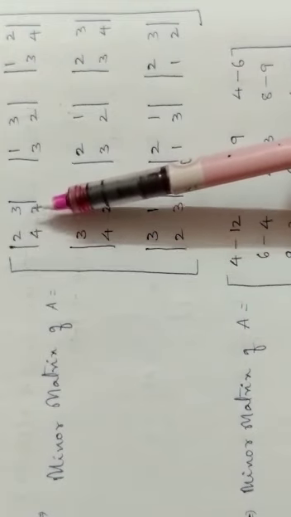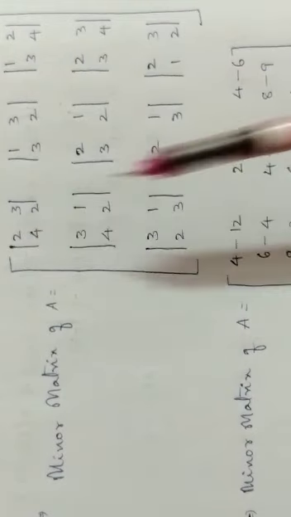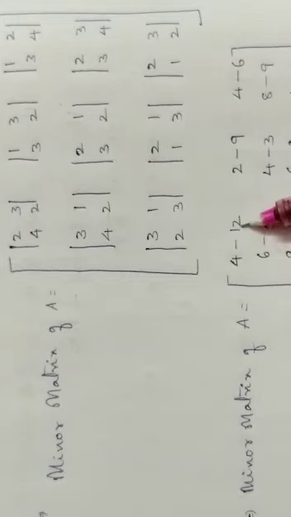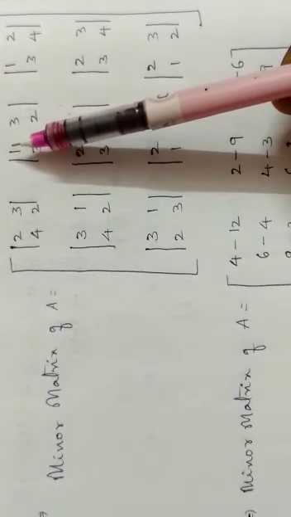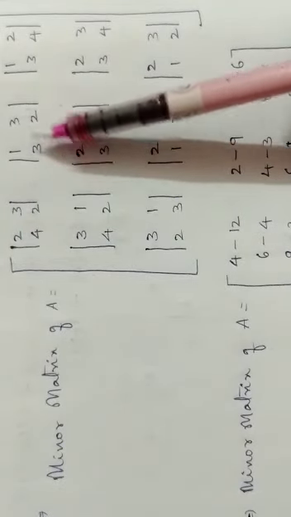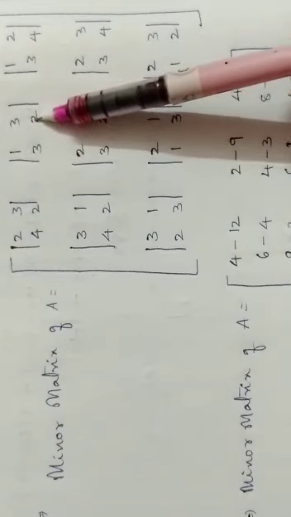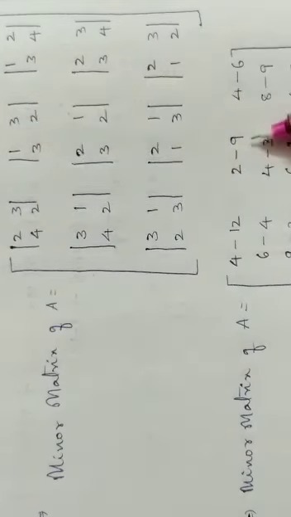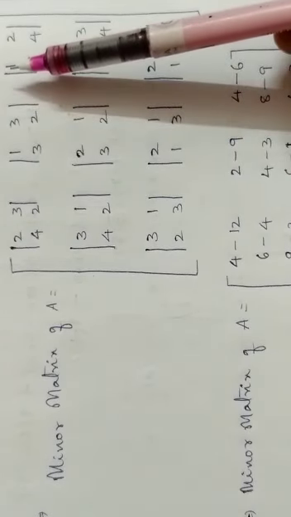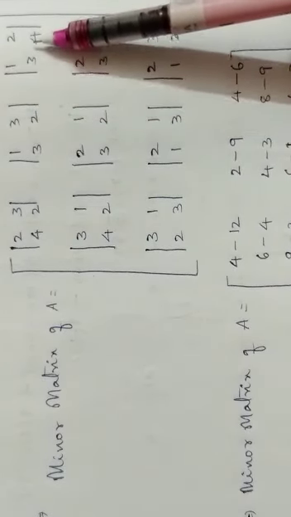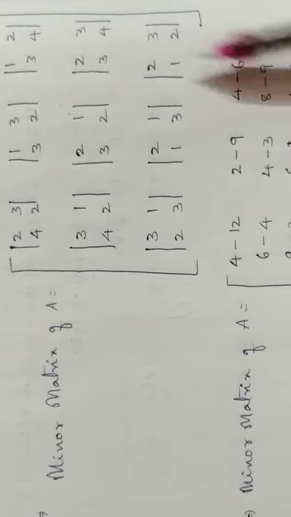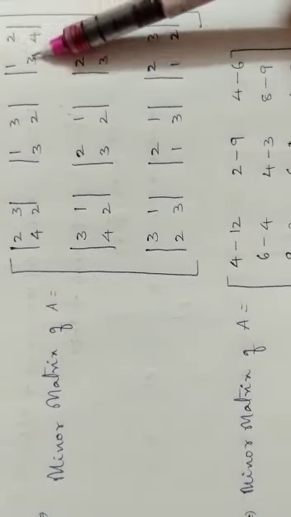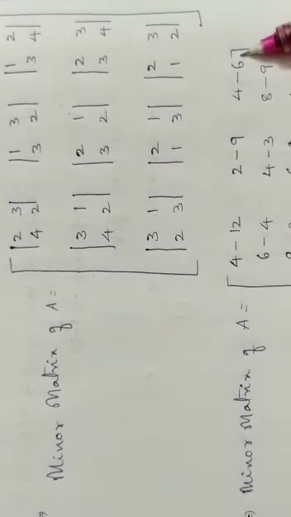AD: 4 minus 12. Again AD minus BC: 2 minus 9, since 3 3s are 9. Again 1 into 4, 4, minus 3 2s are 6.